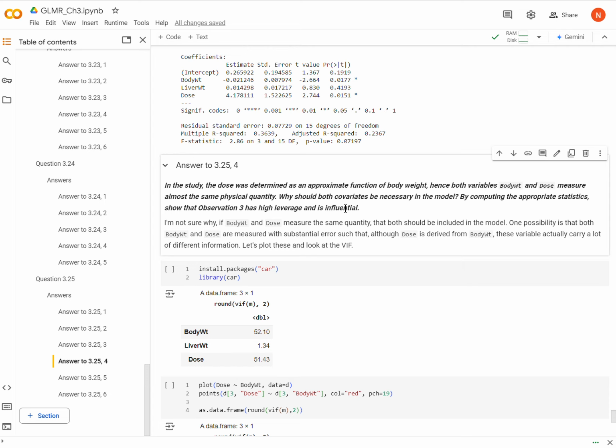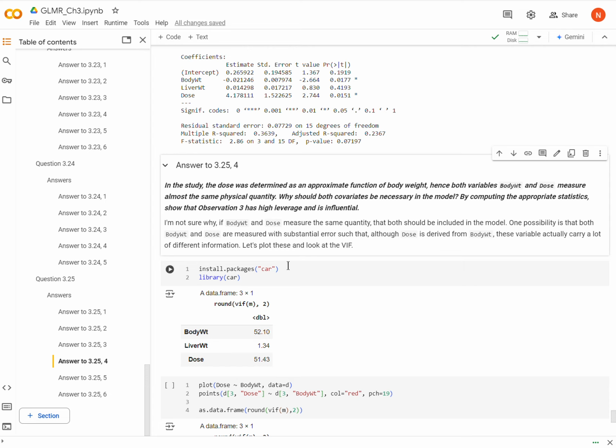So it could be that there is enough measurement error that it is beneficial to have both of these in the model. In other words, even though the two variables carry a lot of the same information, the amount of error means that they aren't carrying identical information.